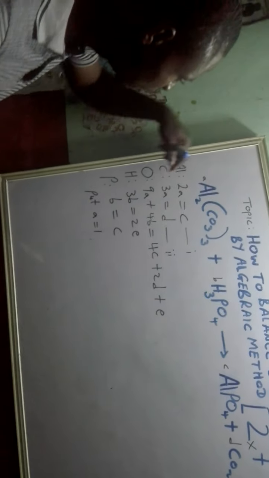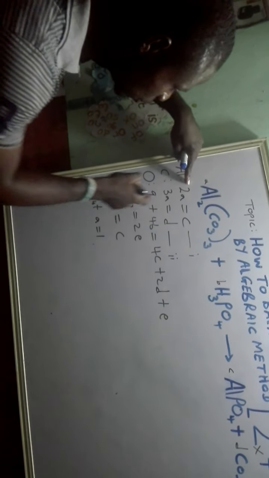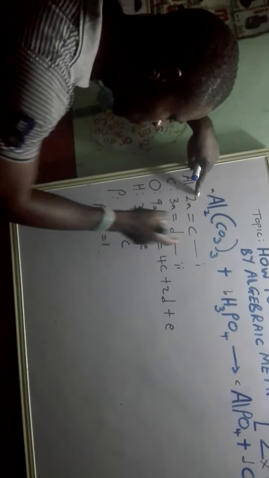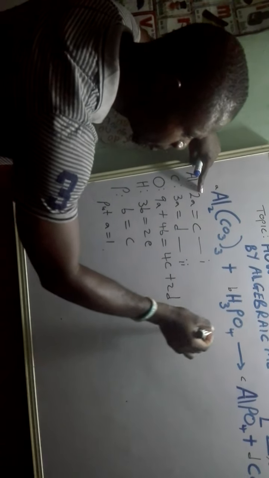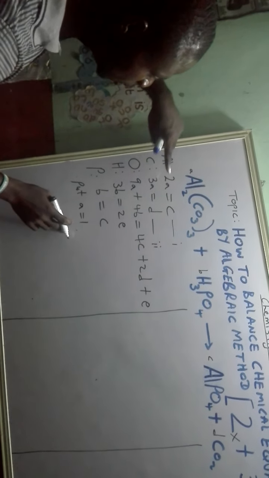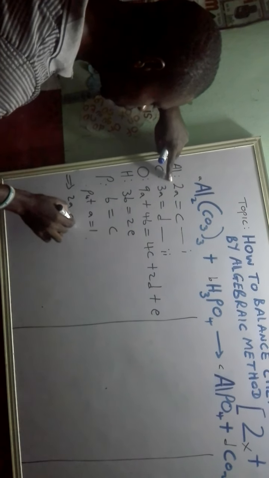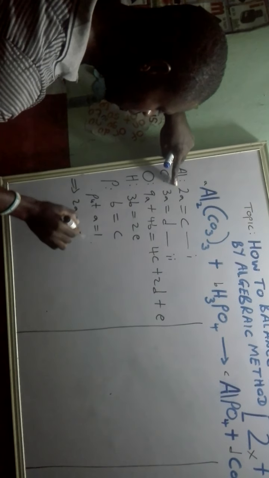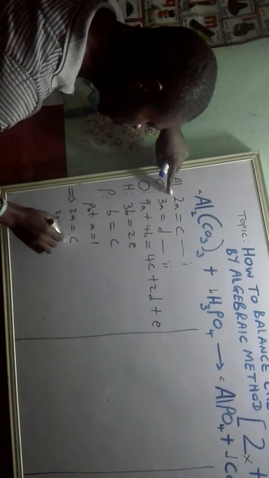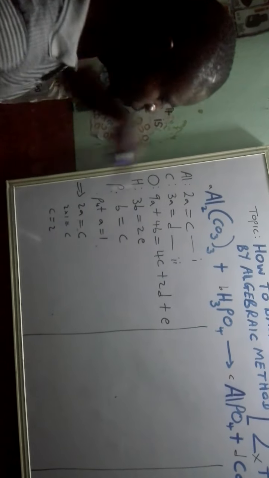Since we have gotten A, we can get C, because we have 2A is equal to C. Let's divide the board so that it will be enough. You put A, which is 1: 2A is equal to C. So 2 times 1 is equal to C, so definitely C is 2.